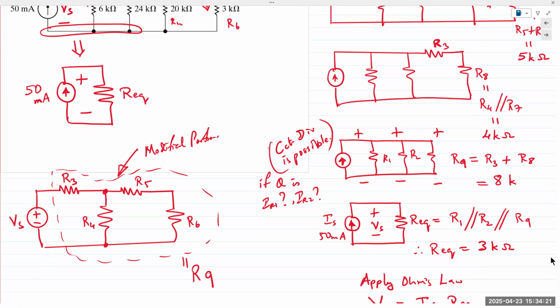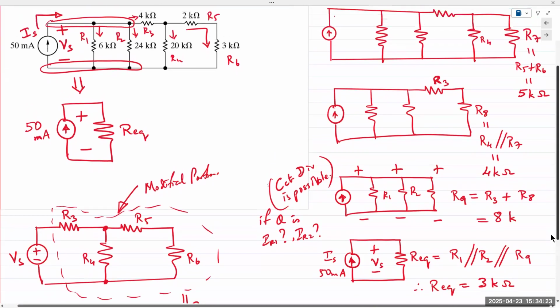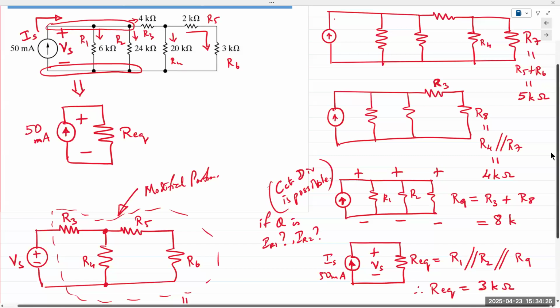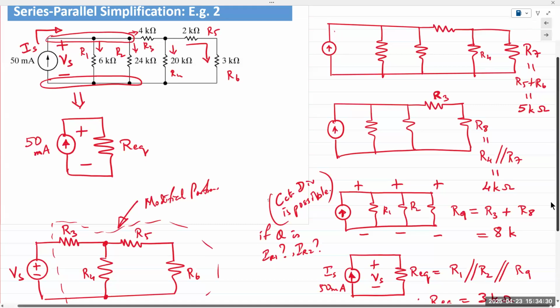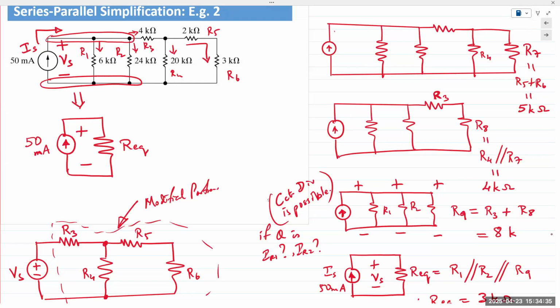So let's calculate. We can break it up into R3 and R8. R8 is again from R4, R7. R7 is again R5 and R6.